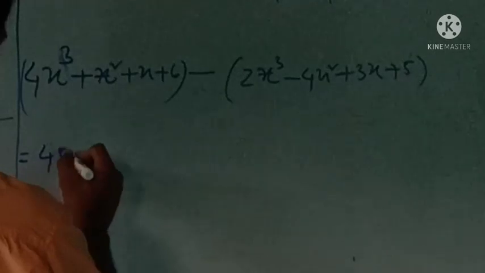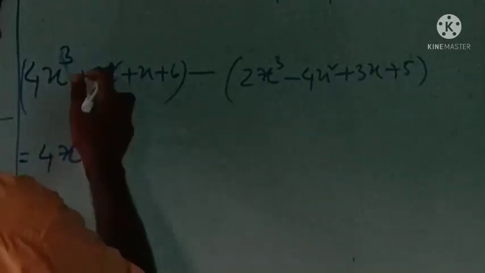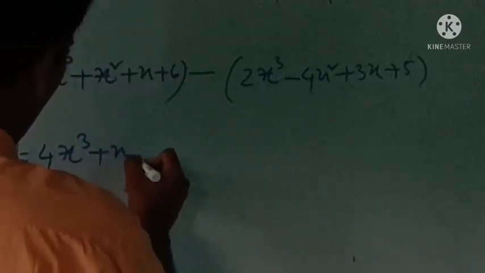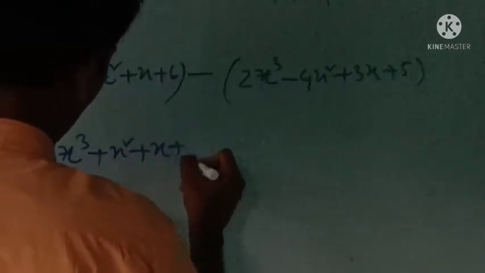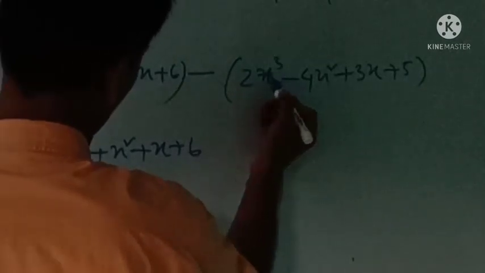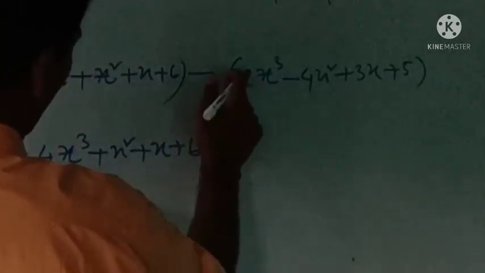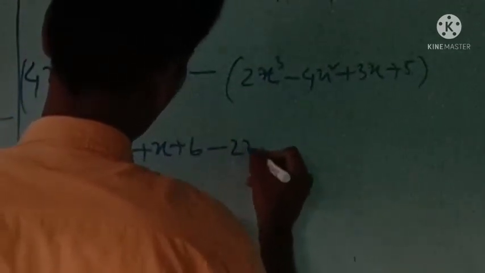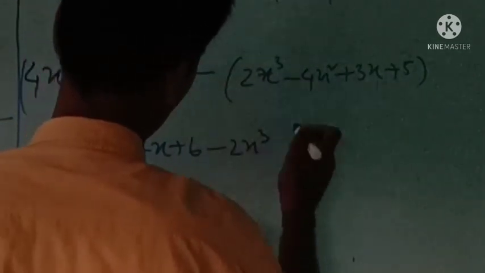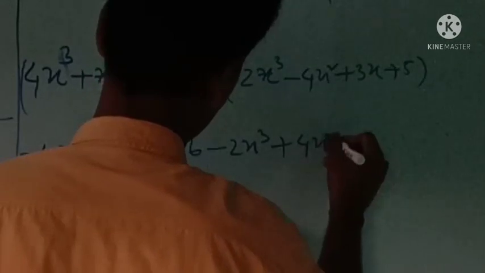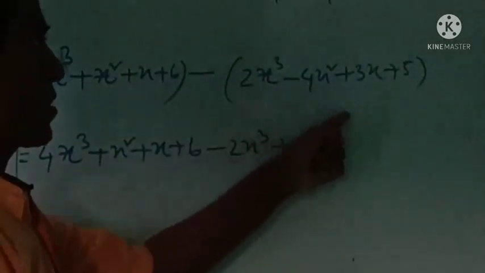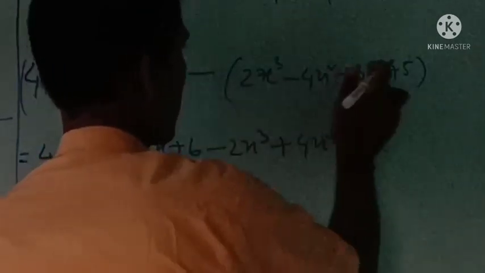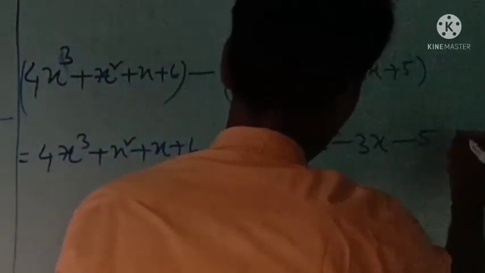In the following step, this is the minuend, we write as it is: 4x cubed plus x squared plus x plus 6. Now before twice x cubed there is no sign, no sign means plus. So minus plus is minus twice x cubed, minus minus is plus 4x squared, then minus plus is minus thrice x, then minus plus is minus 5.